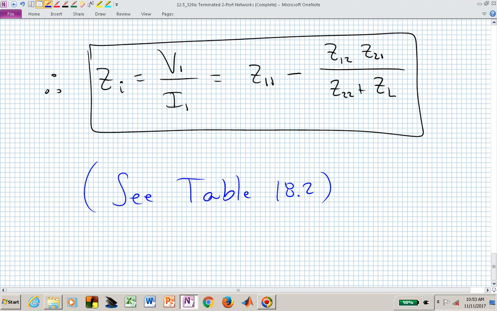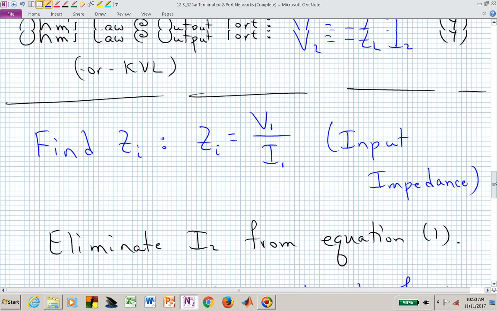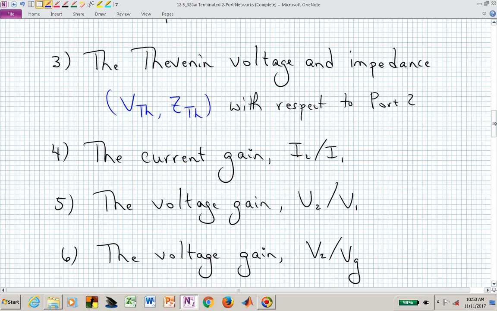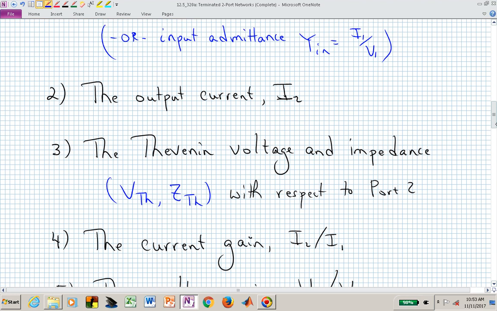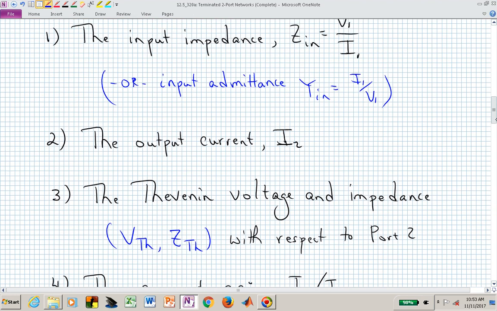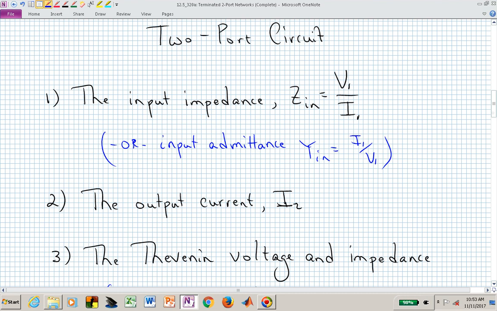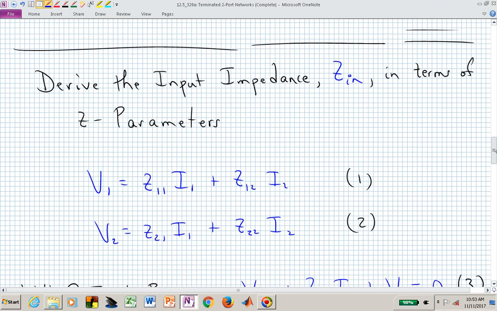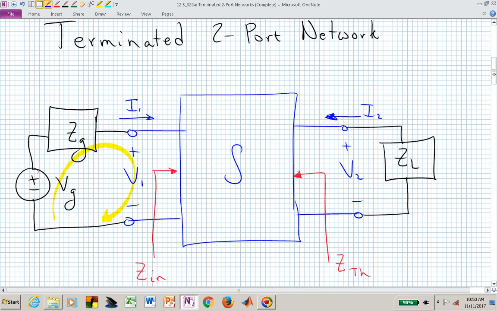All of those are available to find these different characteristics: current and voltage gains, Thevenin voltage and Thevenin impedance, the output current, and the input impedance or input admittance for a terminated two-port. And that simplifies the analysis of a terminated two-port circuit.